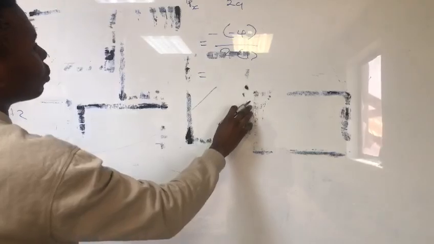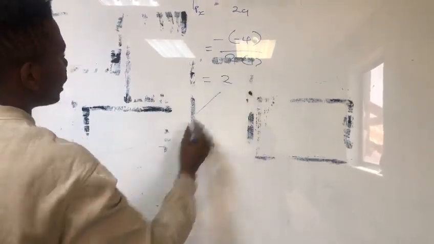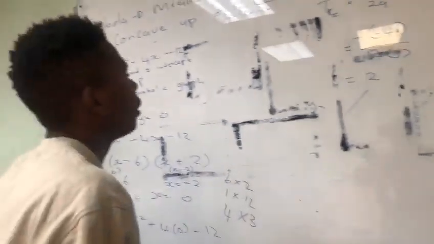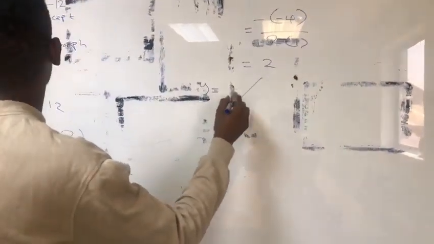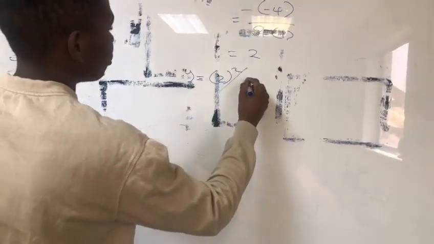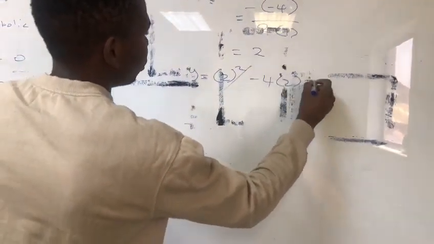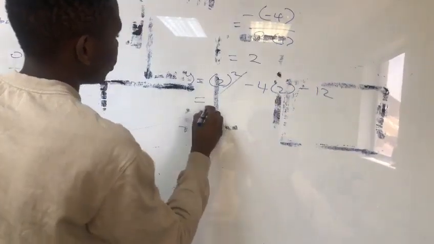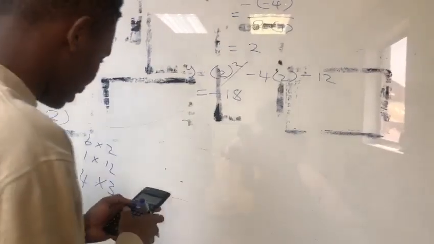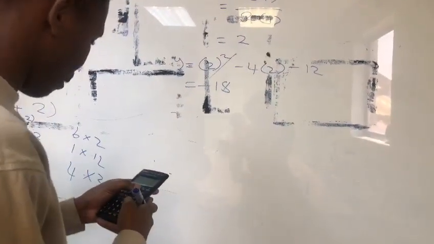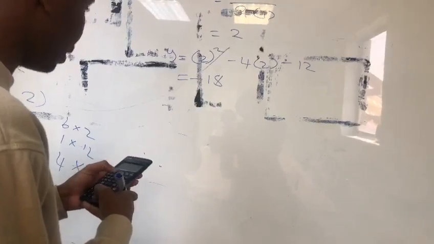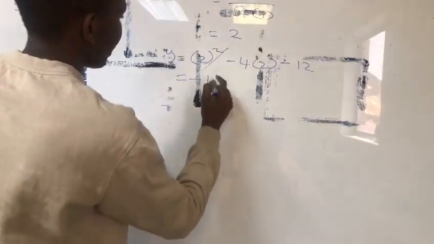Our answer is going to be 2. Then we find the y value of our turning point by replacing x with positive 2: 2 squared minus 4 times 2 minus 12. Let's see if it's minus 18. 2 squared minus 4 times 2 minus 12. No, it's minus 16, right?